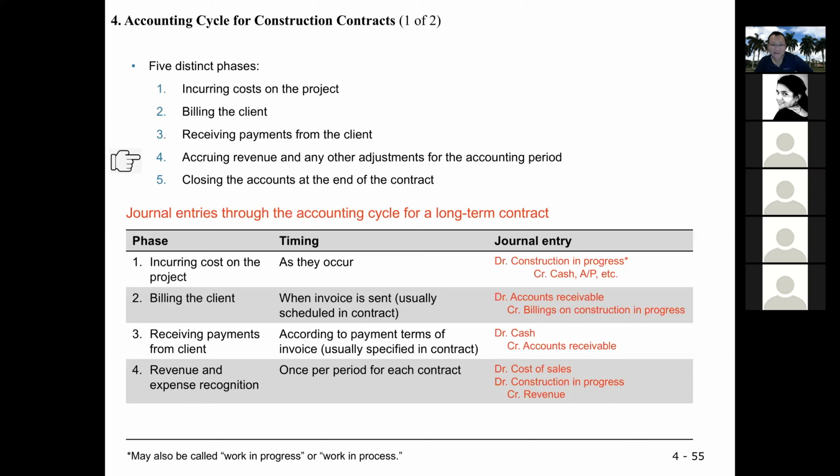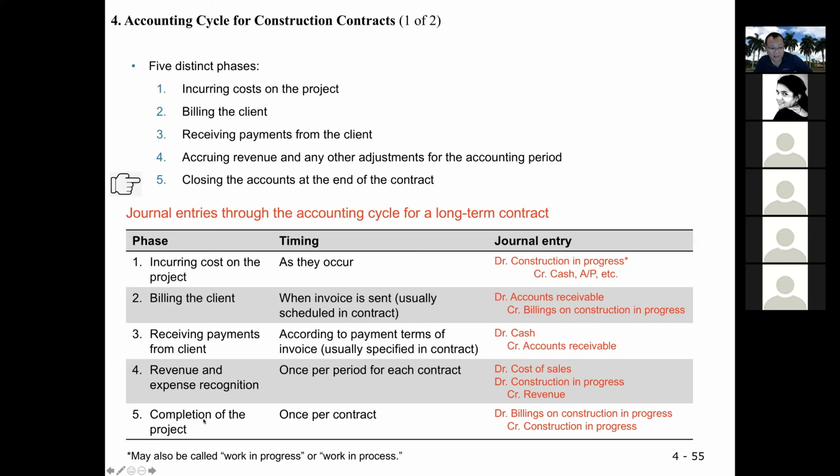The last phase is closing the accounts at the end of the contract. You're going to close these two accounts. Billings on construction in progress is going to be a 10 million credit balance, and the construction in progress is going to reach 10 million at the end.